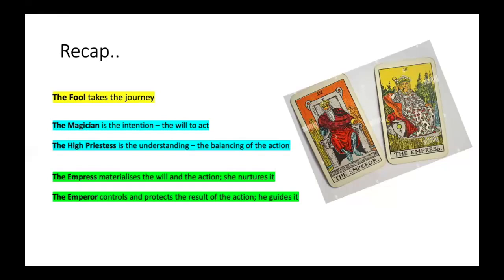Now, the empress and the emperor, as far as I'm concerned, are the first two cards that really reflect the material plane. I think the Fool and the Magician and the High Priestess are on a more esoteric or spiritual plane. The Empress and the Emperor are acting in the material world.